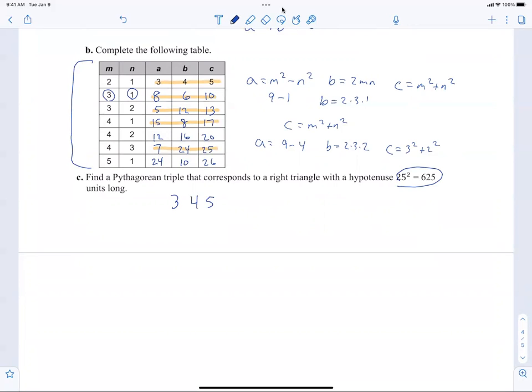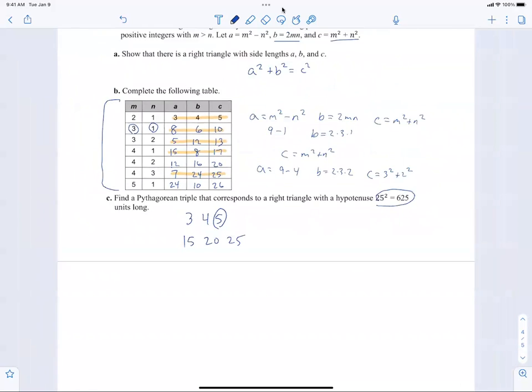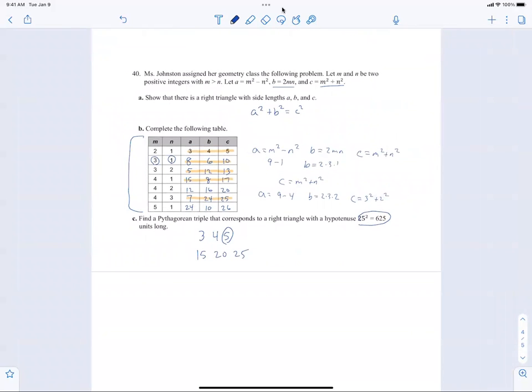Because we want this to be 25. Right, there you go, 15, 20, and 25. Does that make sense? All right, so that was a little bit, yeah. I think the 7, 24, 25 works also.